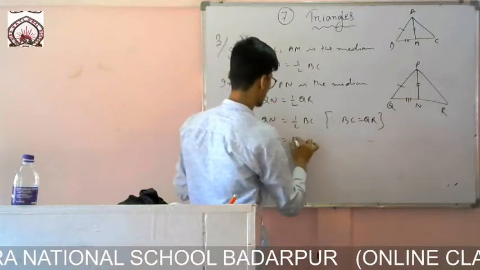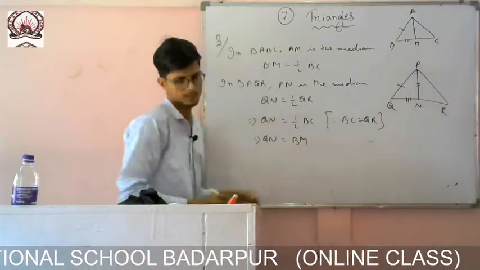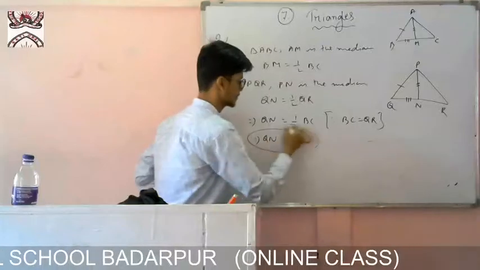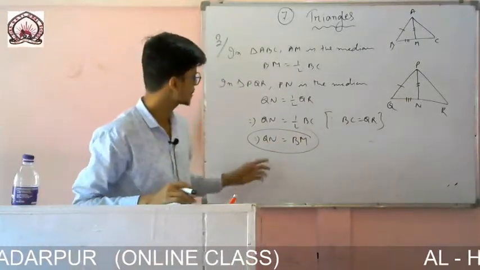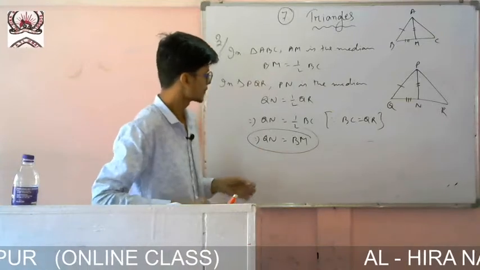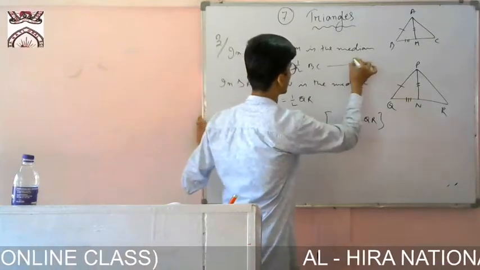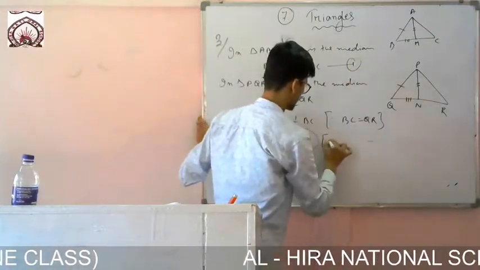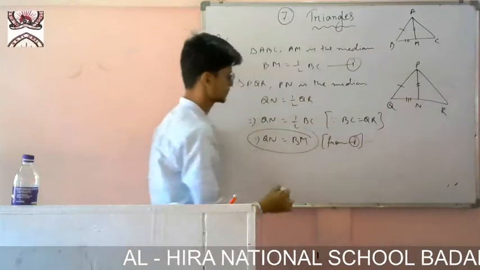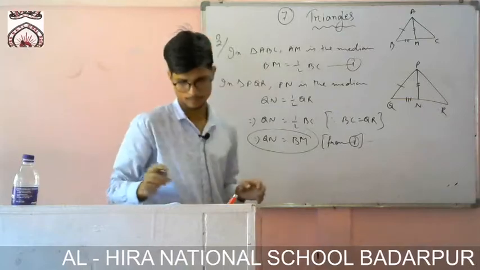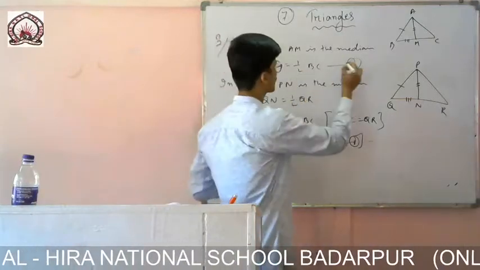So QN is equal to BM. I need actually this one. So I have written QN is equal to BM. From this one you mark as Roman number 1, so you write from 1.